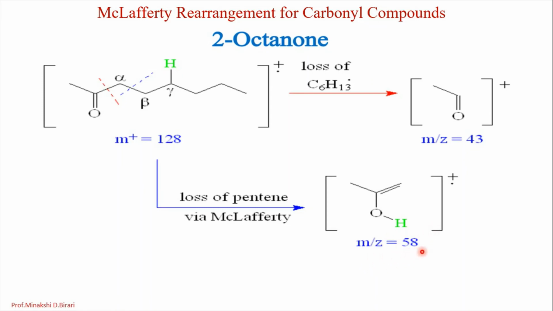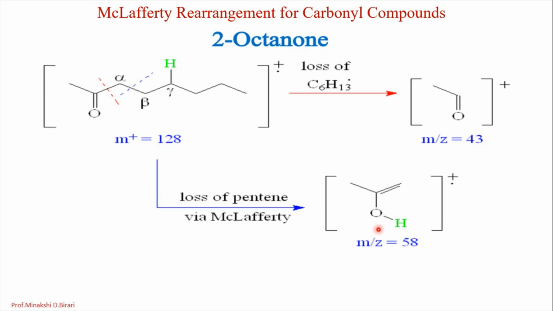So, in case of 2-octanone, there may be two ways of fragmentation. First, the loss of C6H13 radical, and second, the loss of pentene via McLafferty rearrangement.